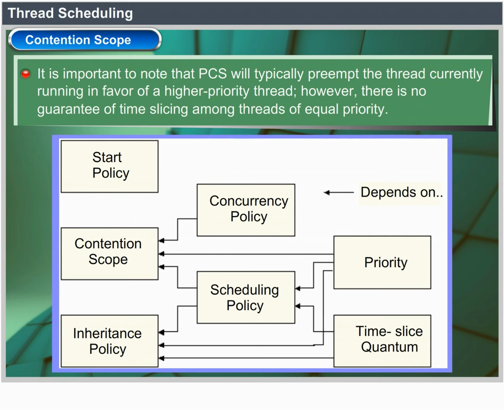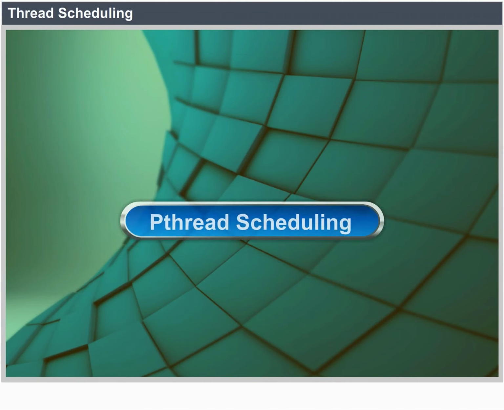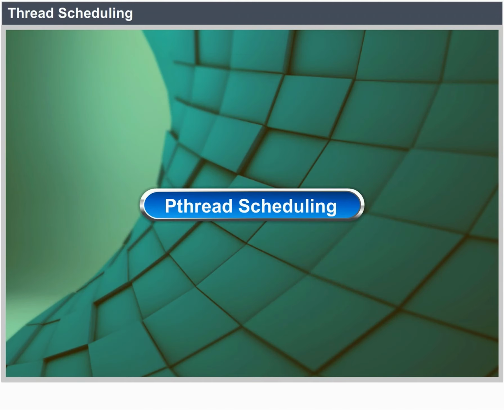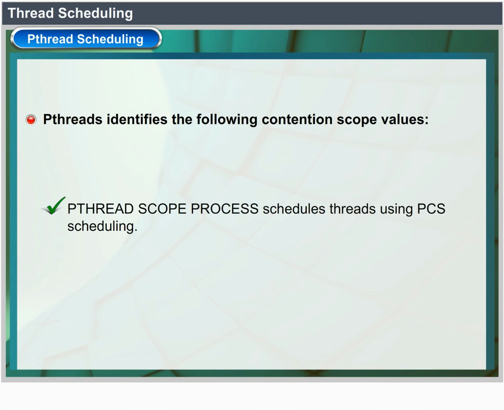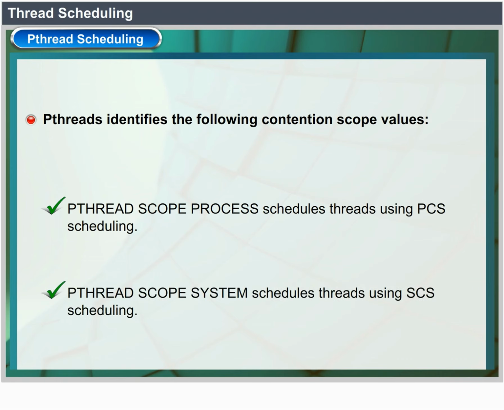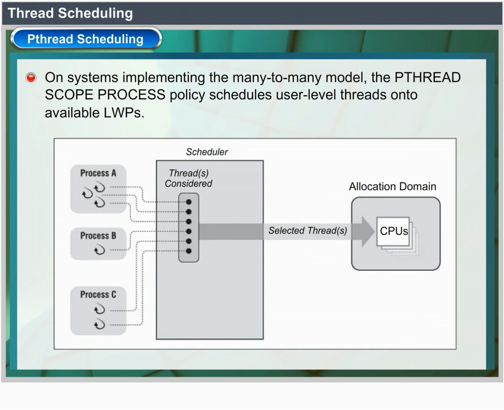Pthread scheduling. Pthreads identifies the following contention scope values. PTHREAD_SCOPE_PROCESS schedules threads using PCS scheduling. PTHREAD_SCOPE_SYSTEM schedules threads using SCS scheduling. On systems implementing the many-to-many model, the PTHREAD_SCOPE_PROCESS policy schedules user-level threads onto available LWPs.